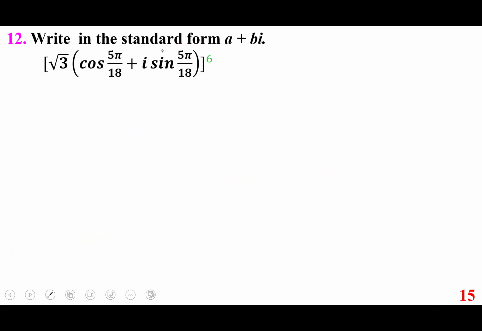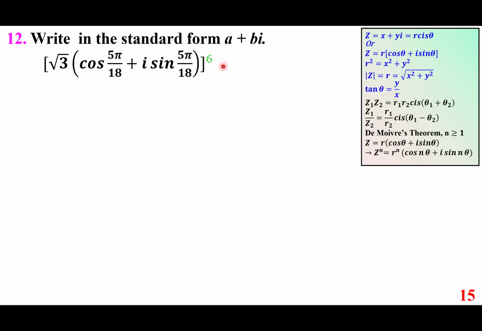Write in the standard form a plus bi: square root of 3 times cosine of 5 pi over 18 plus i sine of 5 pi over 18, to the power of 6. How do we deal with that? All right, so we've discussed the product and the quotient, and now this is known as De Moivre's theorem.